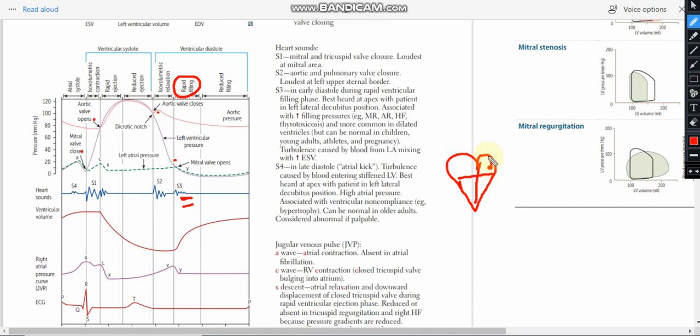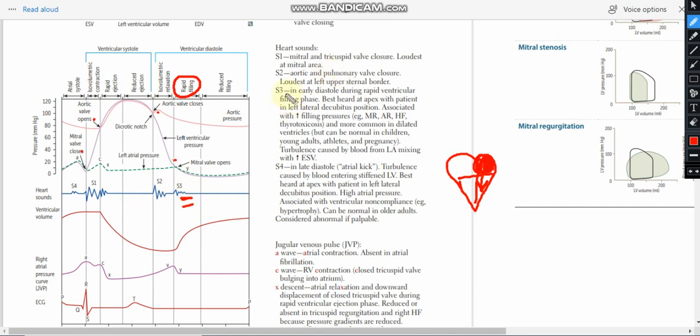Whenever there is increased filling and backflow of blood into the atria, there is a huge amount of blood in the atria, and it comes to the ventricle in the rapid filling phase. This huge gush of blood hitting the normal ventricle in the rapid filling phase causes the S3.